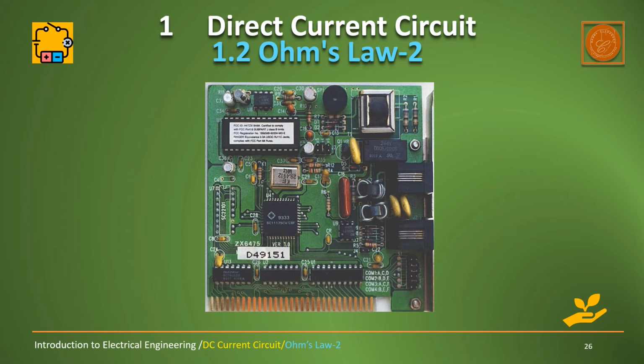The various components on this circuit board are identified by printed labels. Resistors are denoted by any label beginning with the letter R.